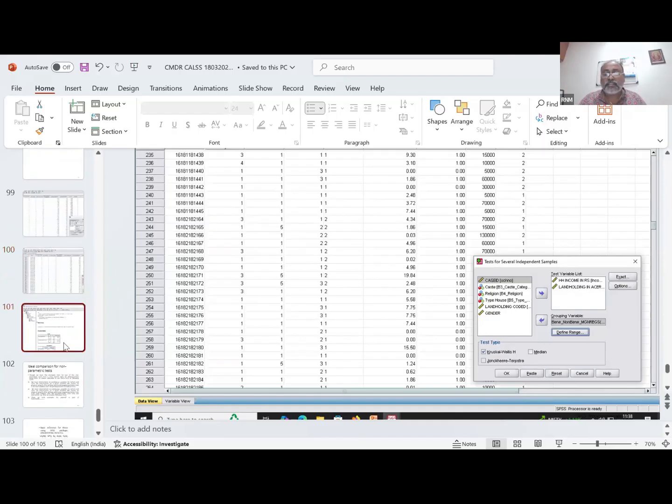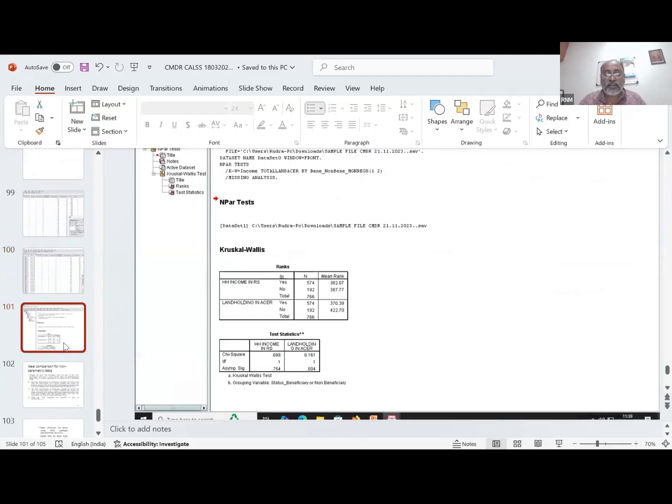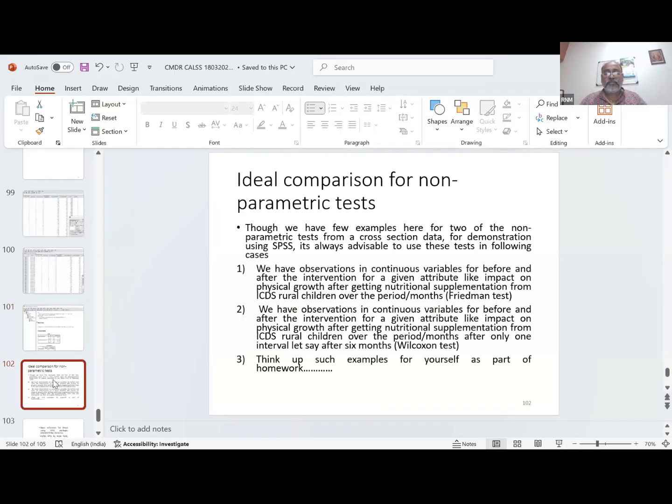Some of these things I have also written, how to interpret it and how to write it, the Kruskal-Wallis and the Mann-Whitney, everything. Now the last slide will come. We have a few examples here for the non-parametric tests, and for another two tests I have only shown how to do and how to write.